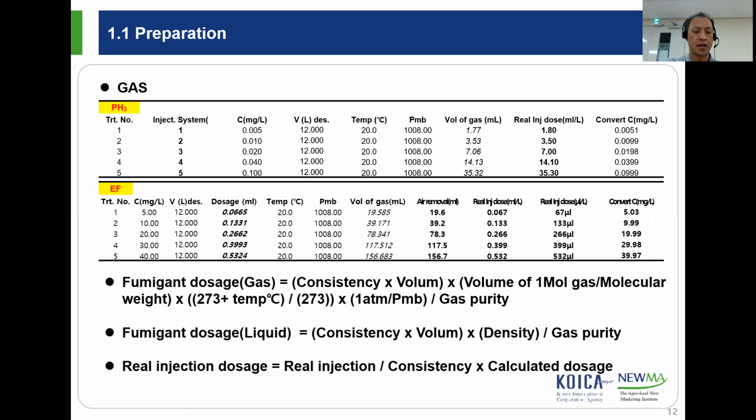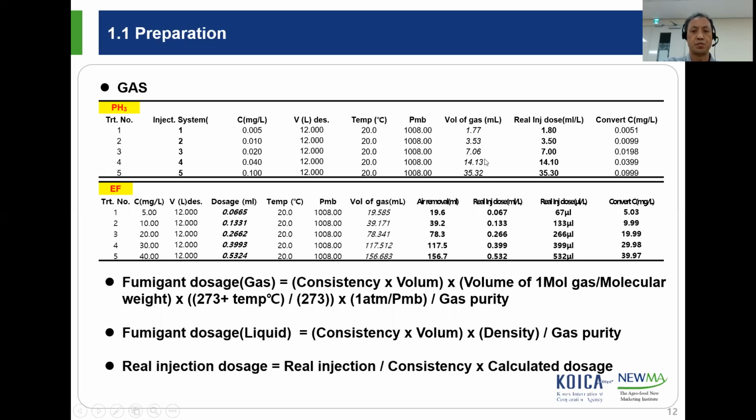I will explain this one again. You should put 1 liter instead of 12 liters, because this is for making the standard curve, so we are using only the 1 liter Tedlar bag. So you put 1 liter in the Excel file, and you get the amount of gas calculated in the Excel.